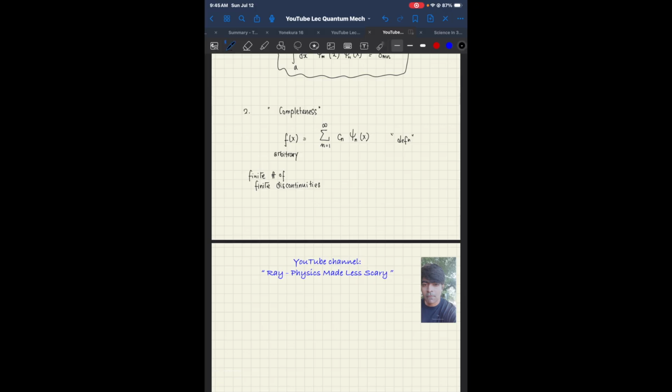If these are sine or cosine functions, or exponential functions, then this series is called the Fourier series, in physics and maths.